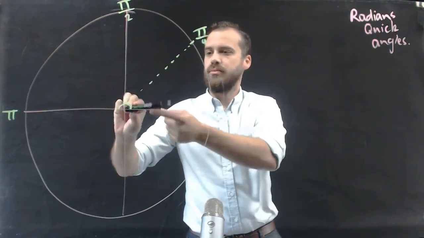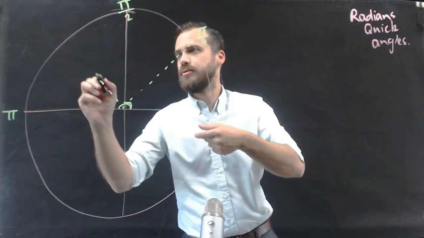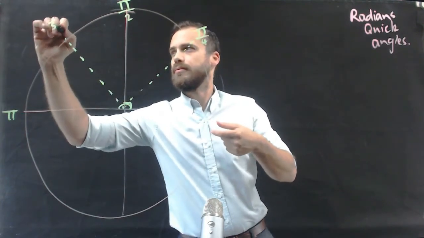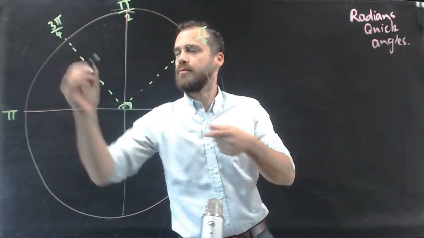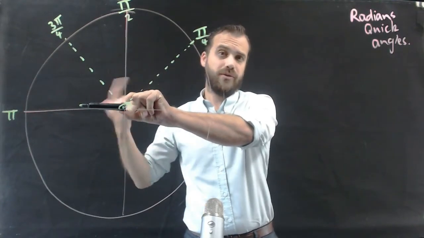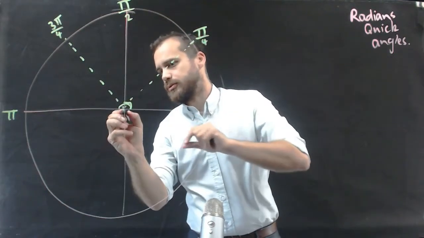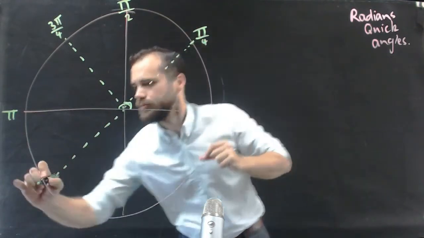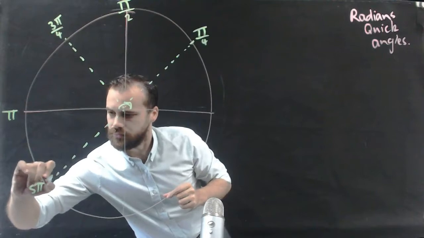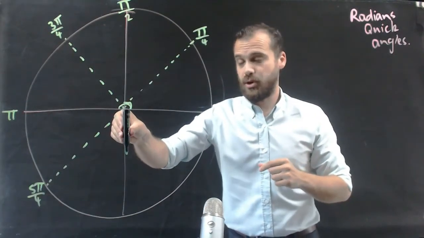We have pi on 4, 2 pi on 4, 3 pi on 4, 4 pi on 4, and if you simplify 4 pi on 4, you get pi. 5 pi on 4. 6 pi on 4.